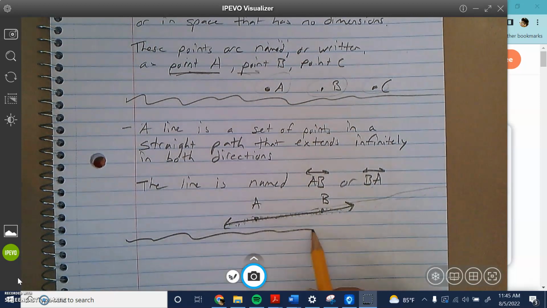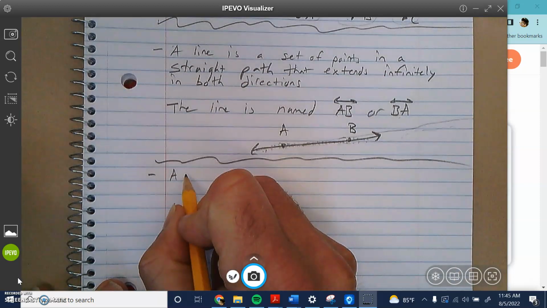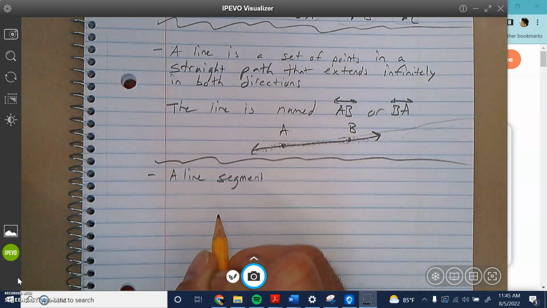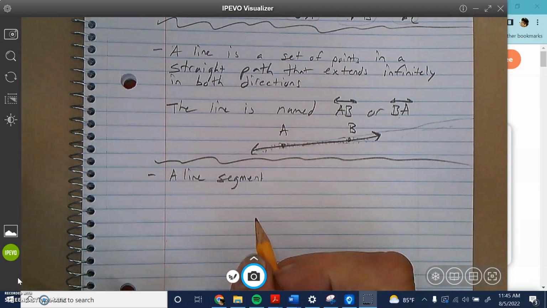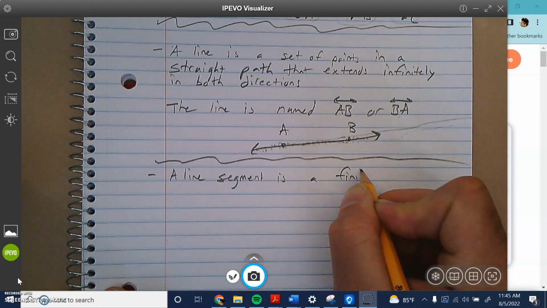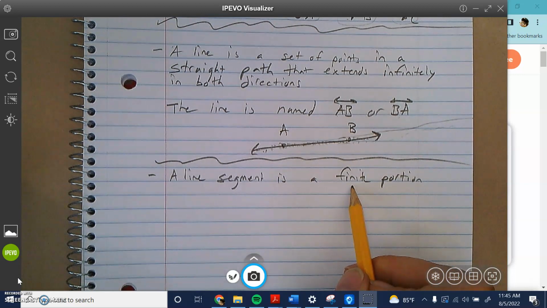Okay, next one. A line segment. Of course, pause the video if I go too fast. A line segment is a finite portion of a line that has two endpoints. So it's not infinite, it's finite.